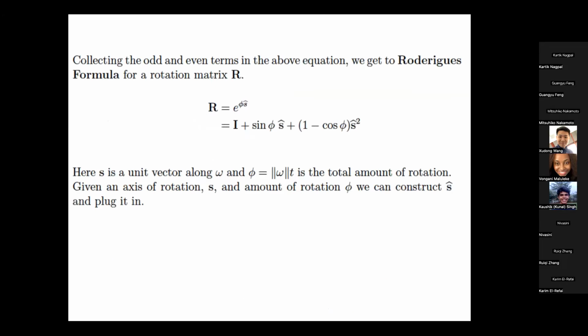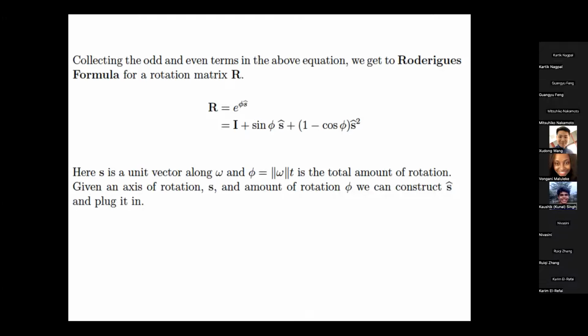And then there is some very cool stuff which happens. You've got this infinite series involving all these powers of this matrix omega hat. It turns out that these powers don't give you different matrices after they start to repeat.